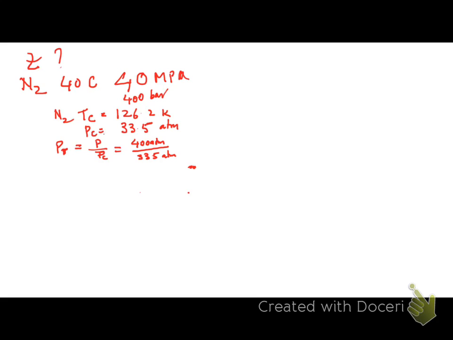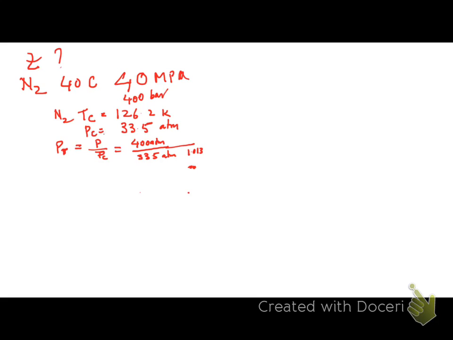Really, 40 megapascals is not equal to 40 atmospheres. It has to be divided by 1.013 megapascals equal to 1 atmosphere.